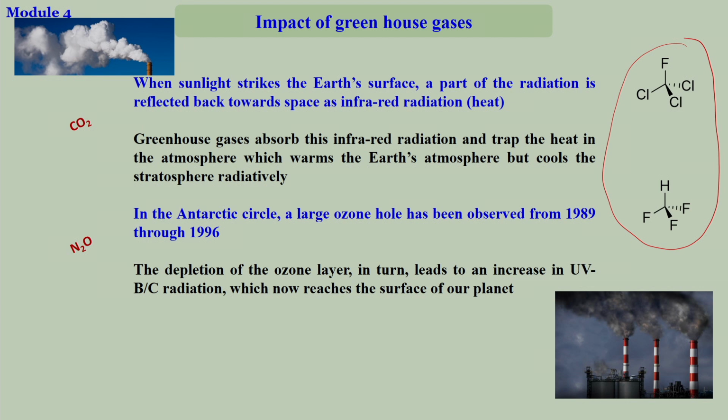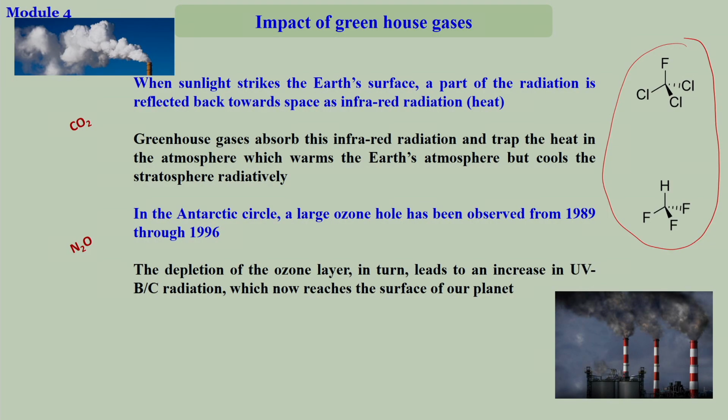These are called greenhouse gases because they are not natural, they are actually effluents, emitted from our daily used materials. So, what are their problems? When sunlight strikes the earth's surface, a part of the radiation is reflected back towards space as infrared radiation or as heat.